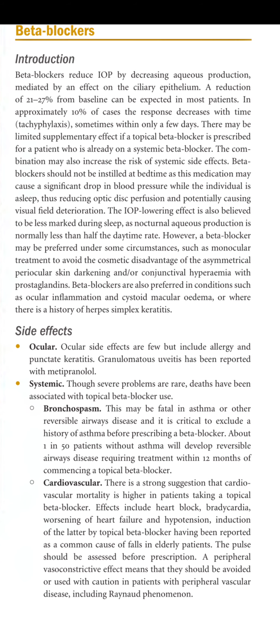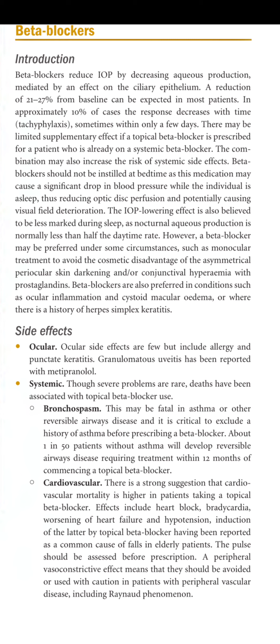Cardiovascular. There is a strong suggestion that the cardiovascular mortality is higher in patients taking a topical beta blocker. So, if a patient has a cardiovascular problem, then with the beta blocker the risk is going to be high. Effects include heart block, bradycardia, worsening of heart failure, and hypotension.